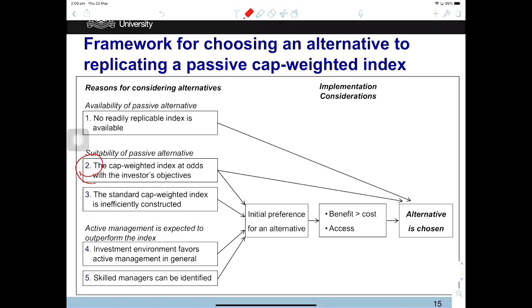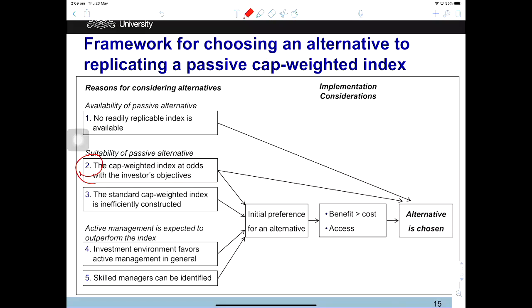So you probably will not get the exposure you desire. So with these three situations, you probably want to go with the active product instead of the passive product.